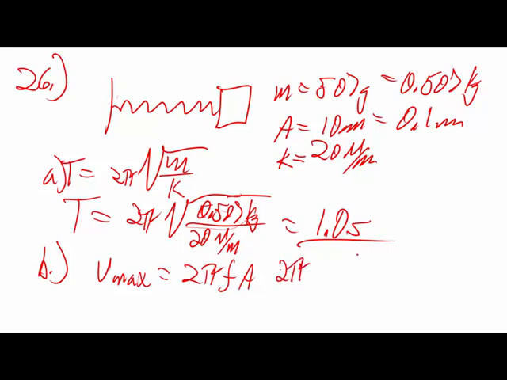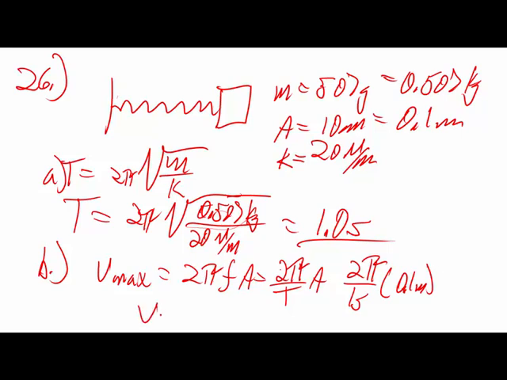F is 2 pi times 1 over T, or 2 pi over T, times A, okay? Because the frequency is 1 over the period. So 2 pi over the period, which was 1 second, times the amplitude, which was 0.1 meters.